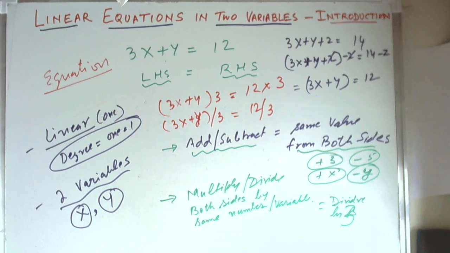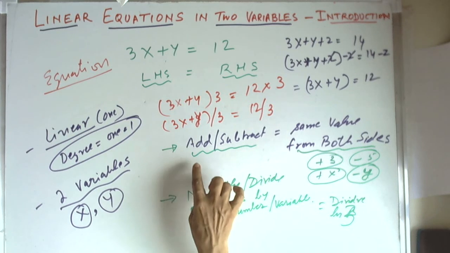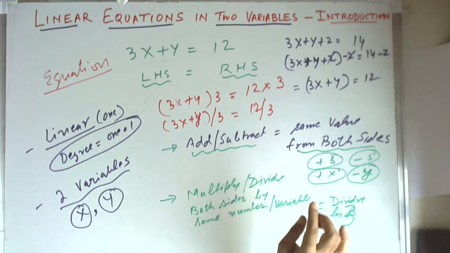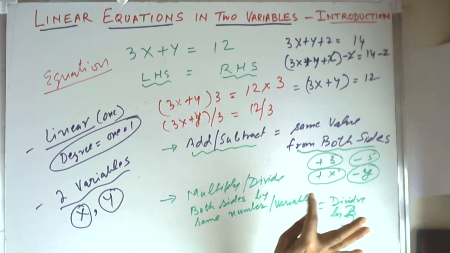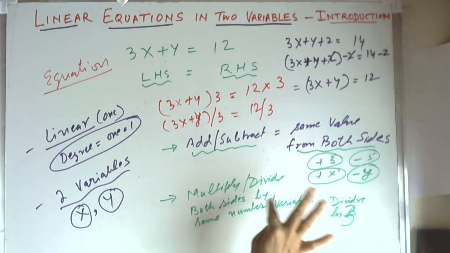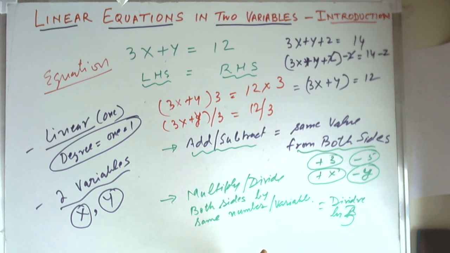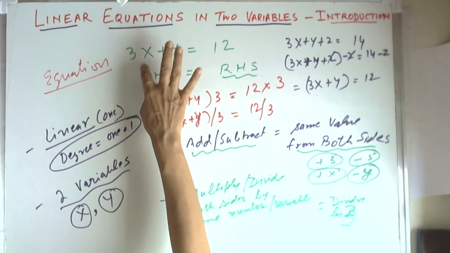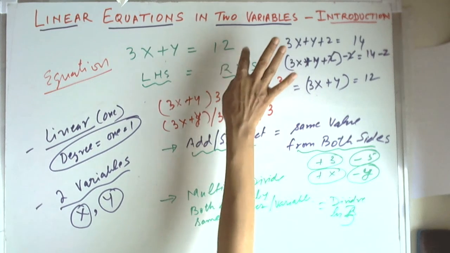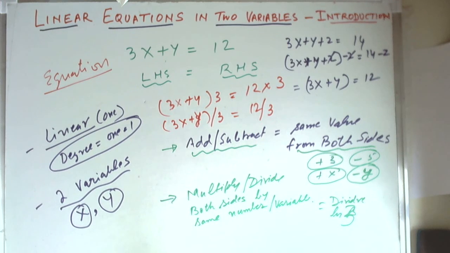So remember these basic rules that we can add and subtract the same value on both sides, and we can also multiply and divide both sides by the same value. These are the basic principles which are used in solving equations. And in equations, the value of the left hand side expression will always be equal to the right hand side expression.